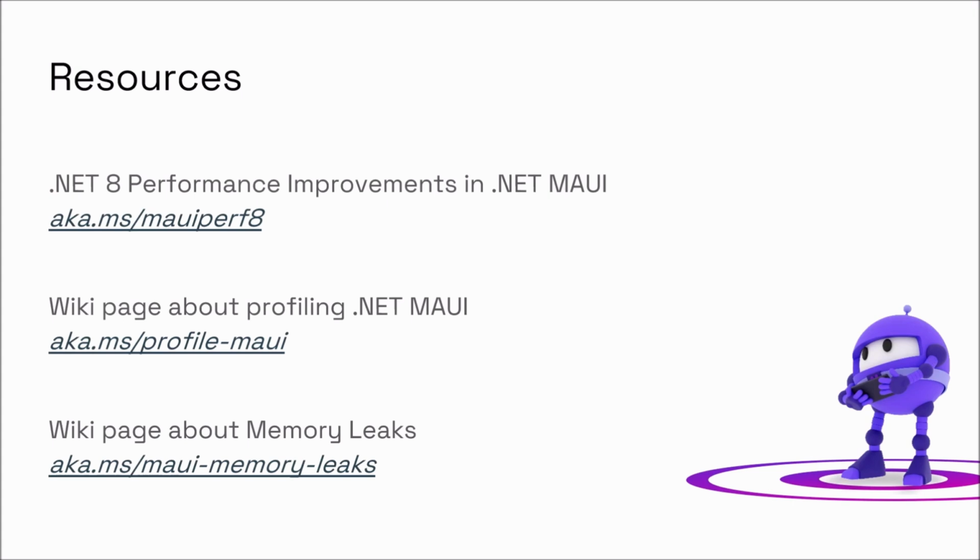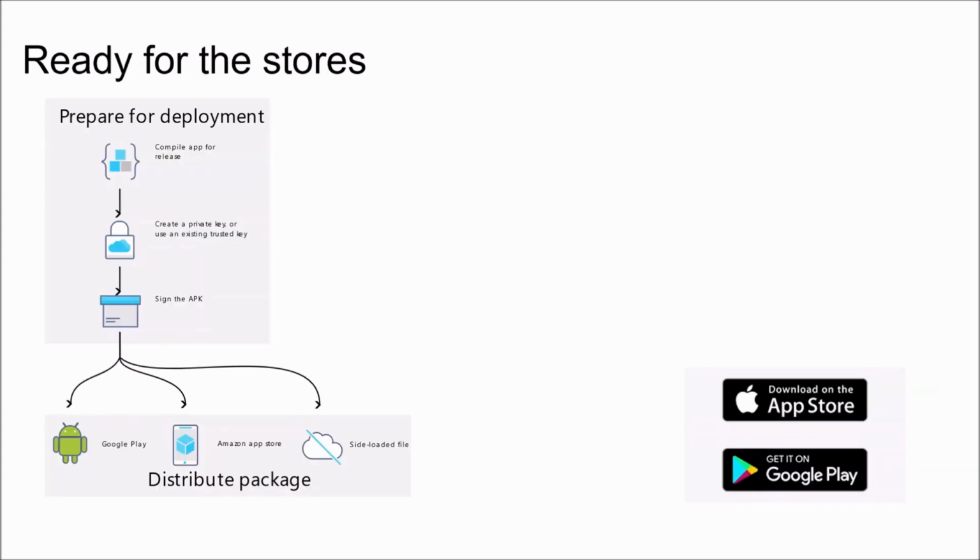So today we have seen what .NET MAUI is, how we got here, what the latest version is, and how you can easily create an application. Maybe you can just start from the template that we have seen together. Of course, the last step in the process will be to prepare for the store.